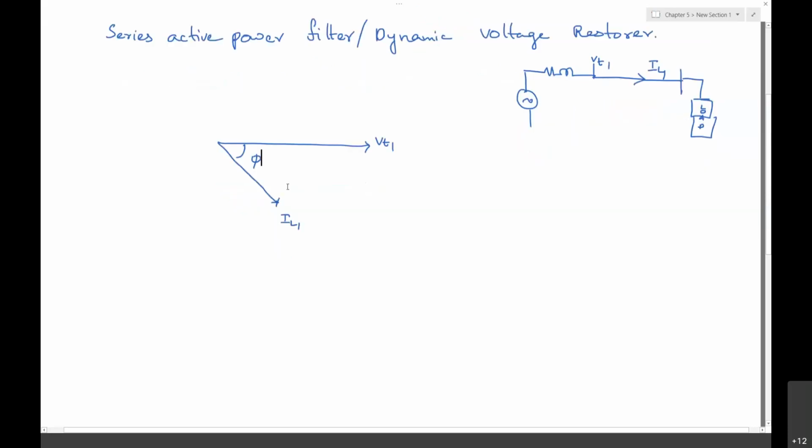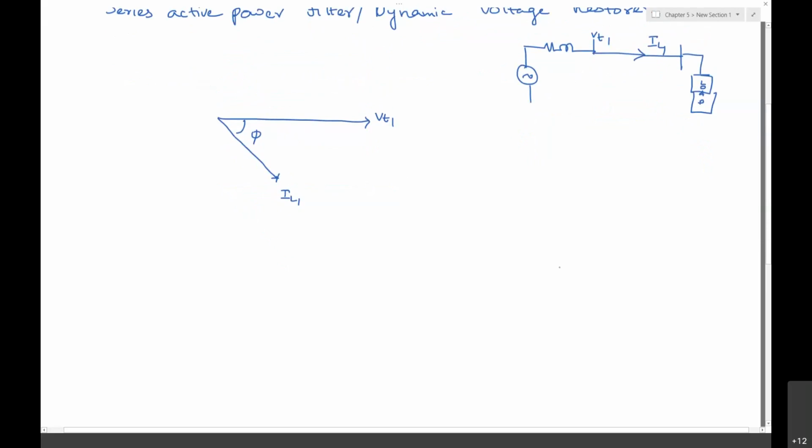Now somehow a fault occurred on the system. Maybe this is the feeder impedance and the fault has occurred. When the fault has occurred, what will be the voltage across this point, the terminal voltage VT?